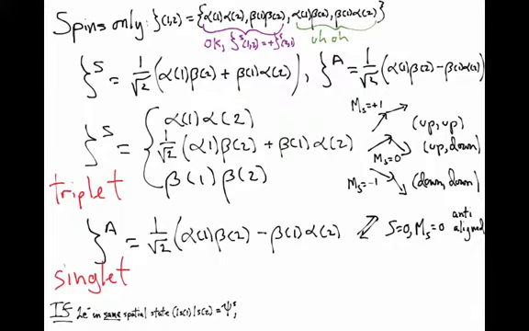So with the requirement of Pauli that the overall wave function be anti-symmetrical with respect to exchange, there's only one way to do this, and that is to choose the anti-symmetrical spin wave function and perfectly anti-align the electrons. So zeta must be the anti-symmetrical one.